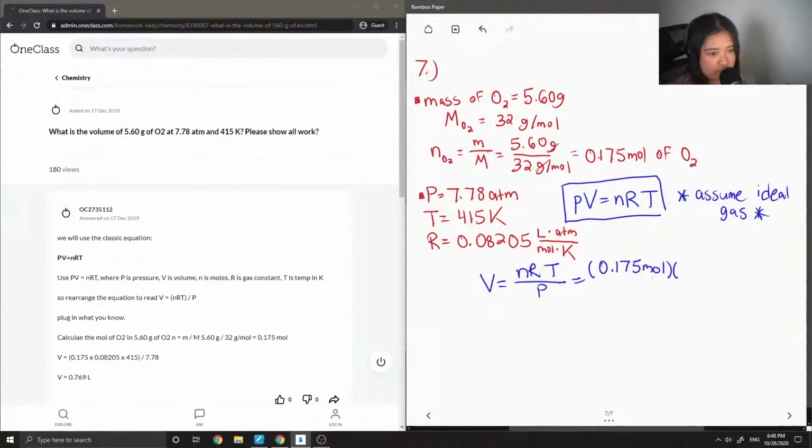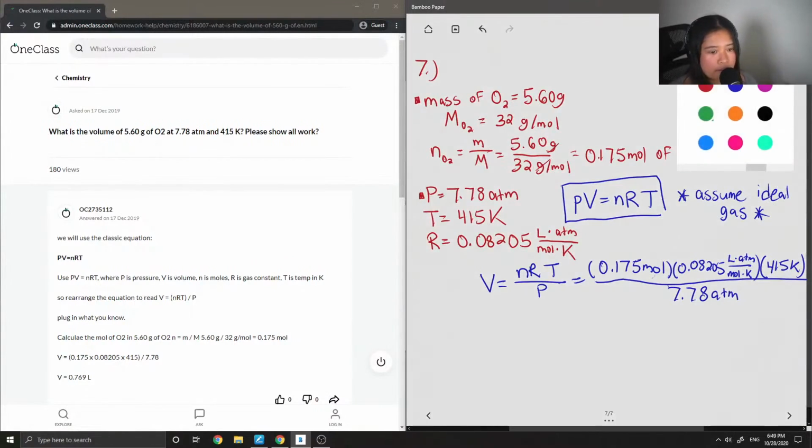This is going to be multiplied by this gas constant, which is in liters times atmosphere per mole per K. And then temperature is just 415 Kelvin. All of that is going to be divided by pressure, which is 7.78 atm.